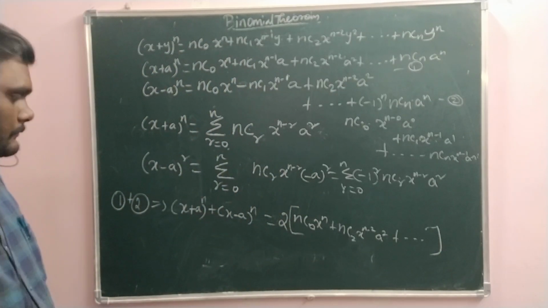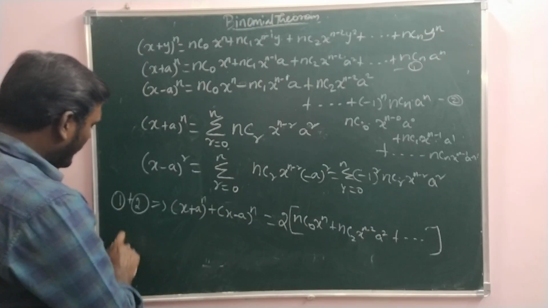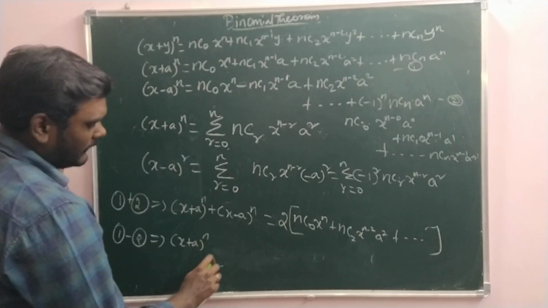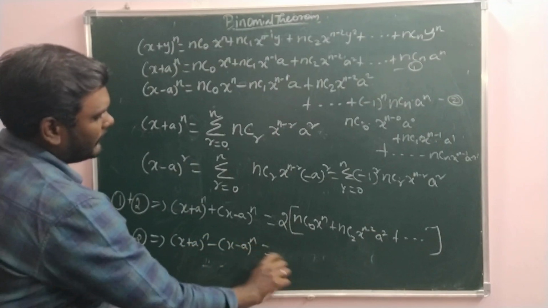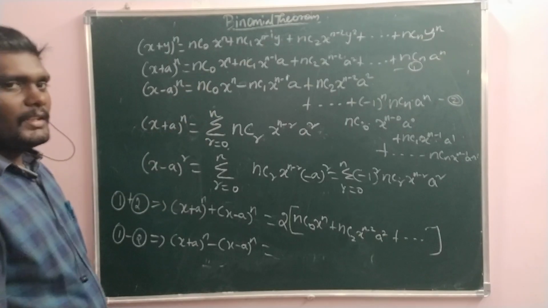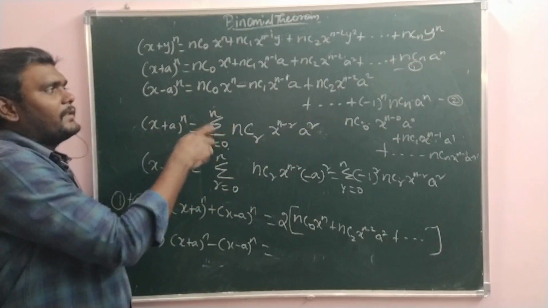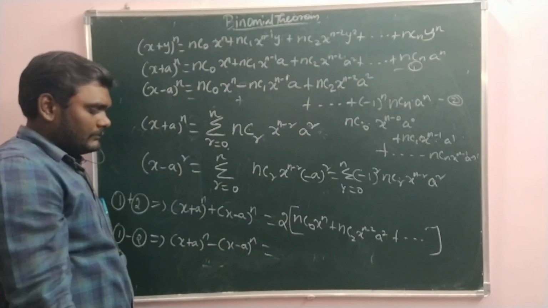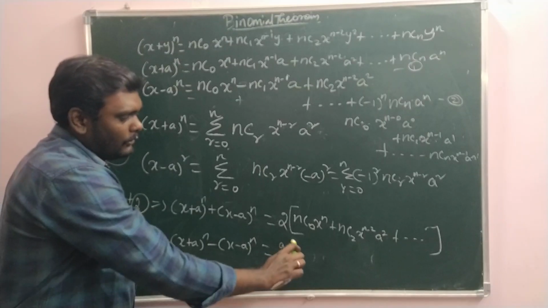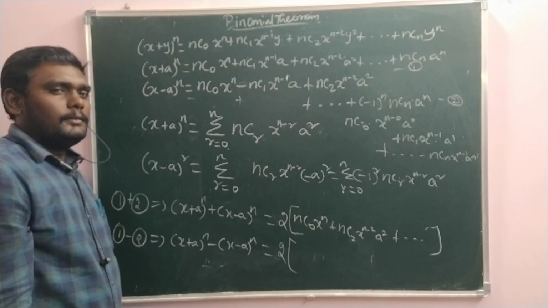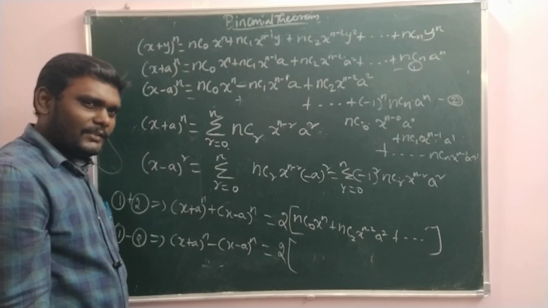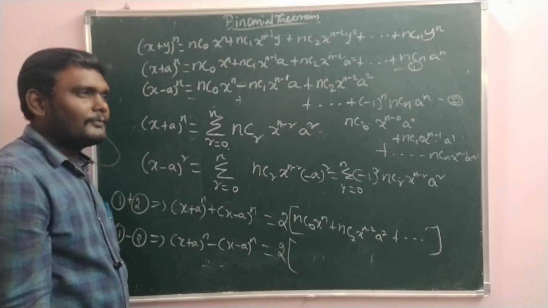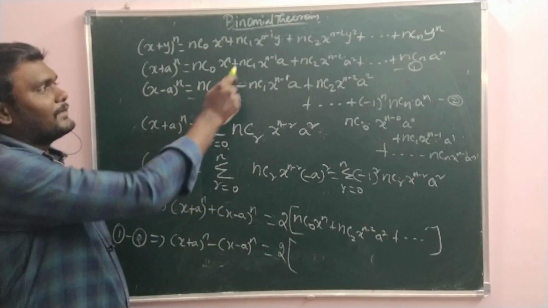Okay. And then when you subtract these two, x plus a whole power n minus x minus a whole power n. When you subtract, the second expansion has change of signs, here minus plus minus like that. So now all the even powers will get cancelled, man.